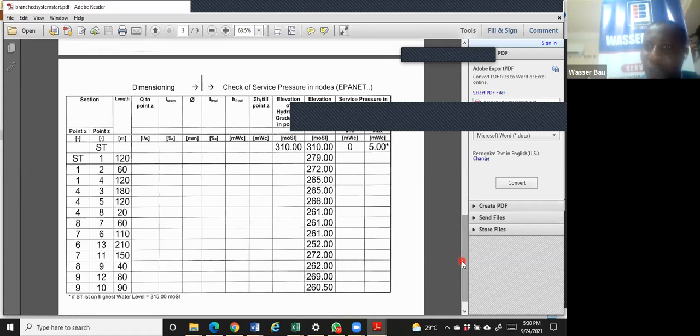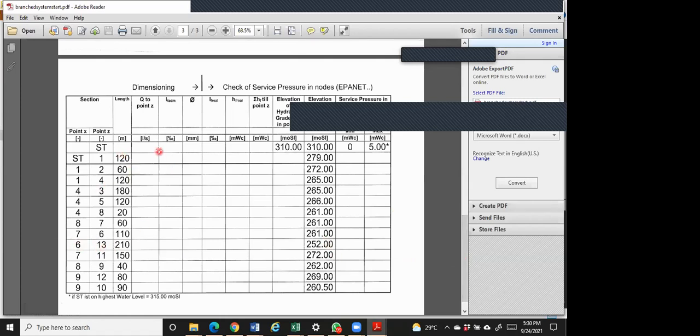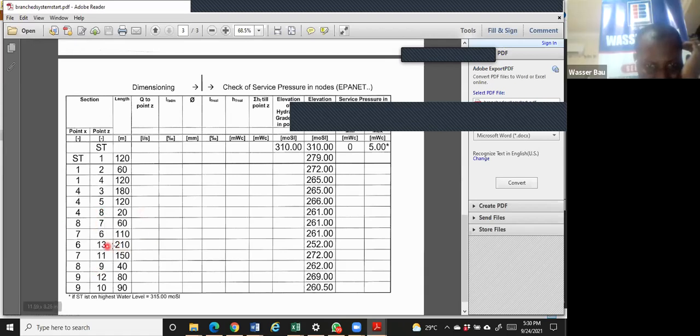It's compulsory, so that you don't oversize, because the slope has a great influence on the size. So you must use the appropriate slope. Let me give you one instance. Let me take the storage tank, which is at an elevation of 310.